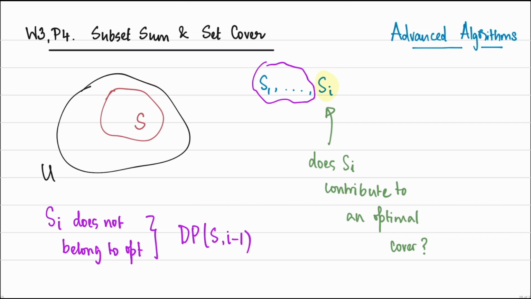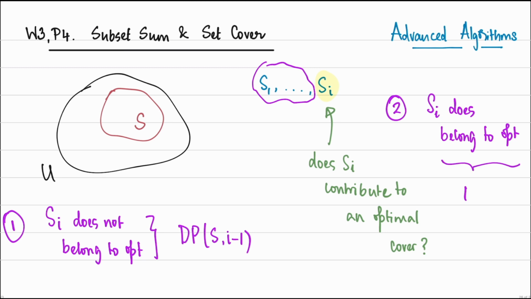Okay, but on the other hand, if Si does belong to opt, then we can reduce our target based on the help that we have from Si. But we have to also remember to pay the price for including Si in our solution. So in this case, we have to remember to pay 1.